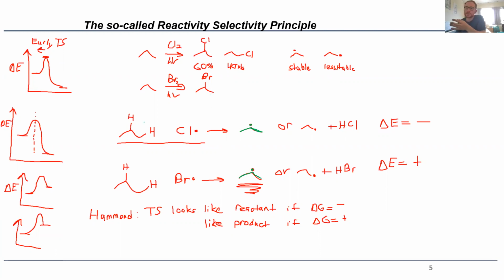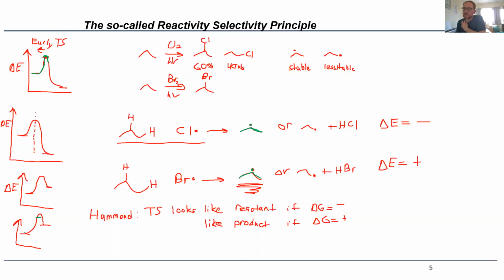And so because there's an early transition state for this reaction, the two transition states are very similar in energy because they look the same in the starting material. Because there is a very late transition state in the second reaction, the energy of the secondary alkyl radical is very different than that of the primary alkyl radical. And so the two energies of the transition state are very different. And so in this case, the secondary alkyl radical is lower in energy.